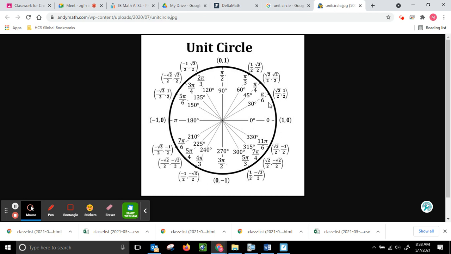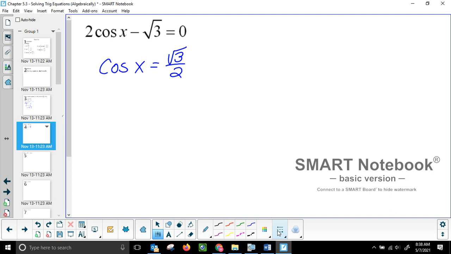Of course, cosine is our x coordinate on our unit circle. So that occurs here at pi over 6 and here at 11 pi over 6. So we say x is equal to pi over 6 and 11 pi over 6. And that's it. Very straightforward.